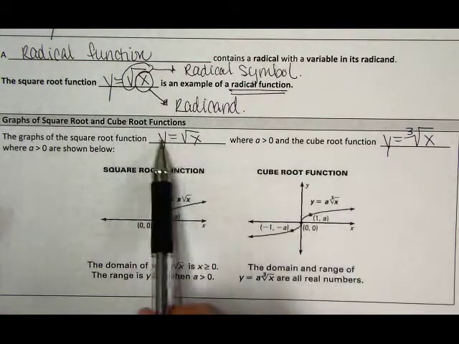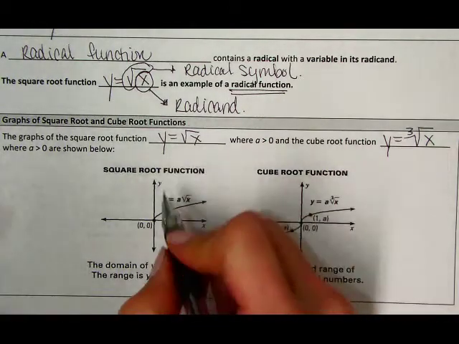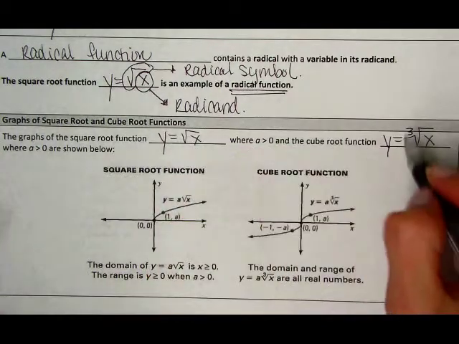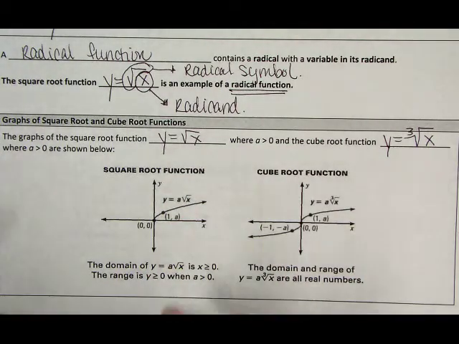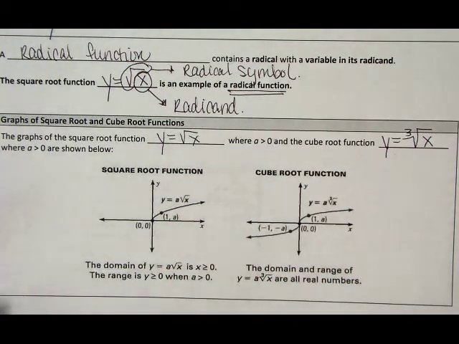In these two cases, I gave you the parent function. Your a is the value out in front of your radical symbol, and they're given to you below in your two graphs.